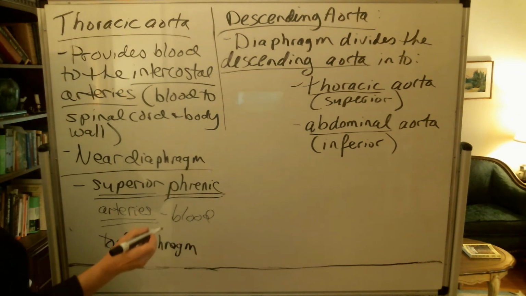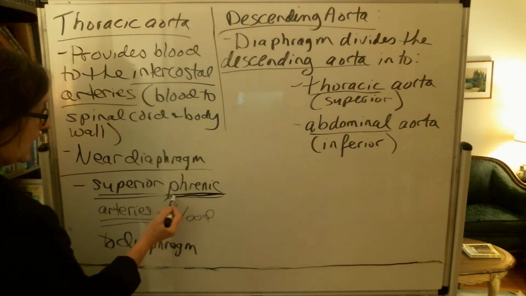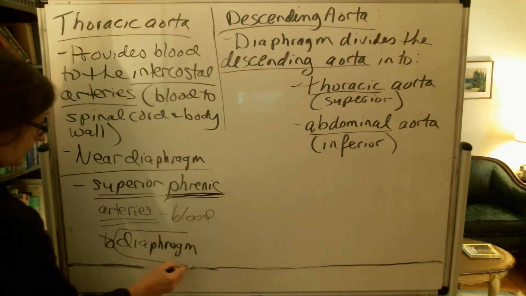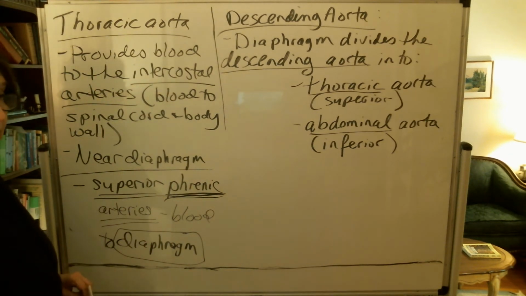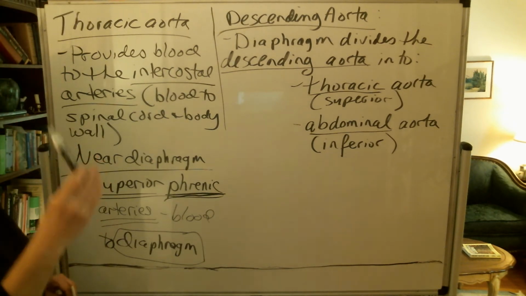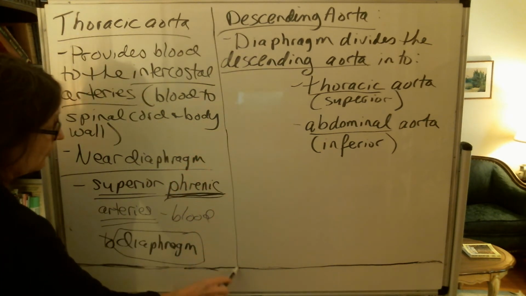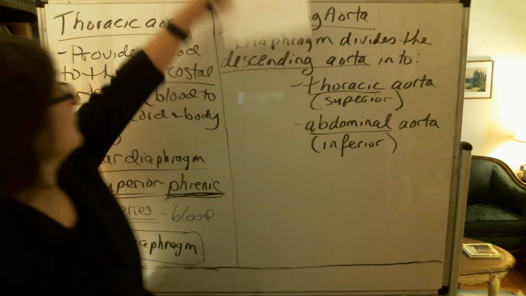And this is where learning some of the words can really help. Where you see phrenic, that's going to have to do with the diaphragm. So the superior phrenic arteries are the higher up arteries that bring blood to the diaphragm. And these are found coming off of the thoracic descending aorta.